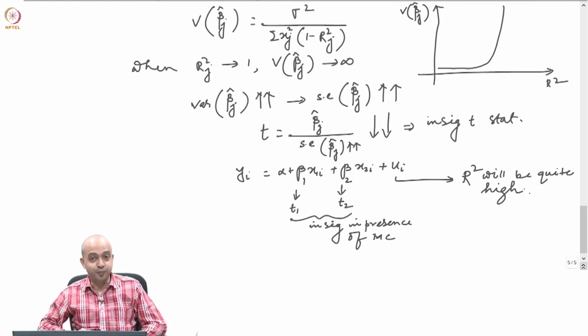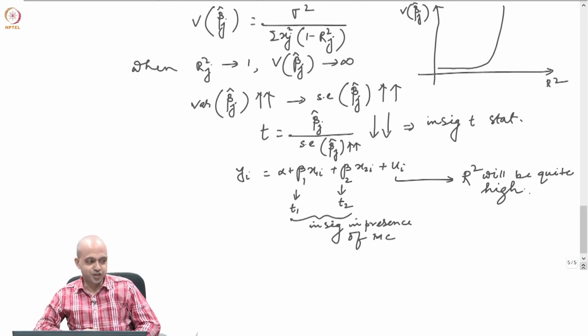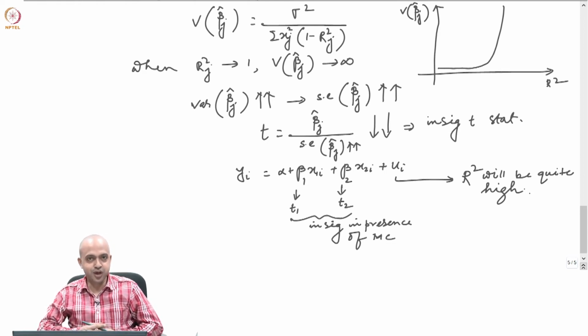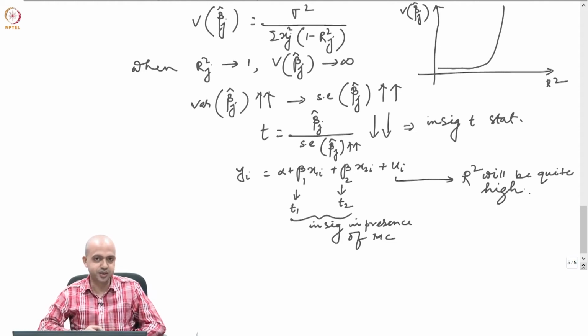So, that means many of your explanatory variables will appear to be insignificant, but still you see a high R square value from the model. So, whenever you estimate a model and immediately after estimation you see that your R square is quite high, but many of your explanatory variables are insignificant individually, then immediately it should click in your mind that my data is suffering from a multicollinearity problem.